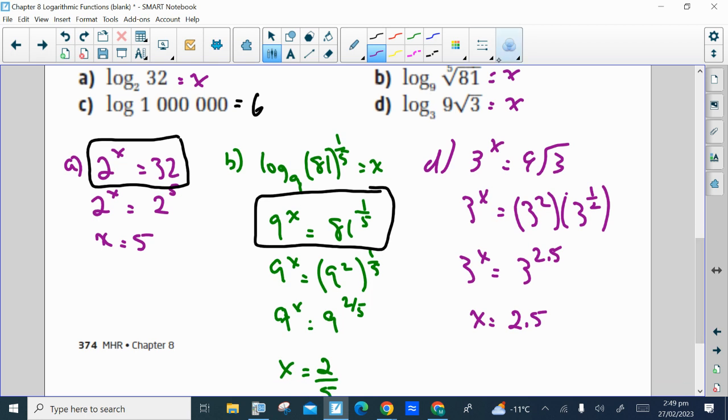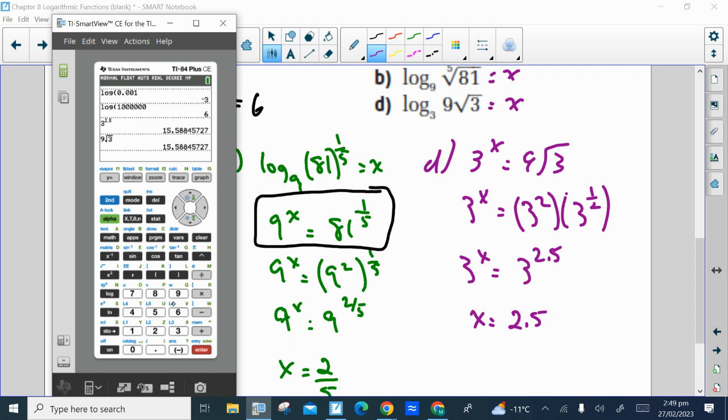So 9 to the power 2/5 should equal the 5th root of 81. 9 to the power 2 over 5 is that value. That should be the same as the 5th root of 81. And it is. So there's another way you could check these.